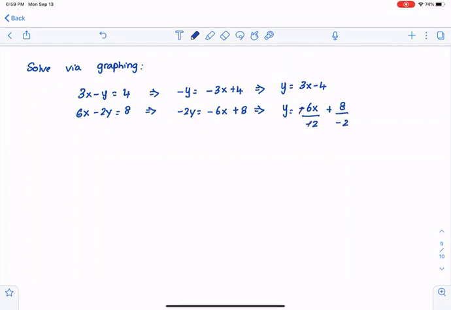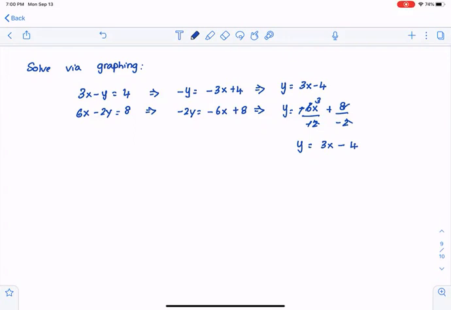Minuses would go away. 2 and 6 will get cancelled. So we have 3x minus 8 over 2 is 4. And you can see both of them are exactly the same equation.